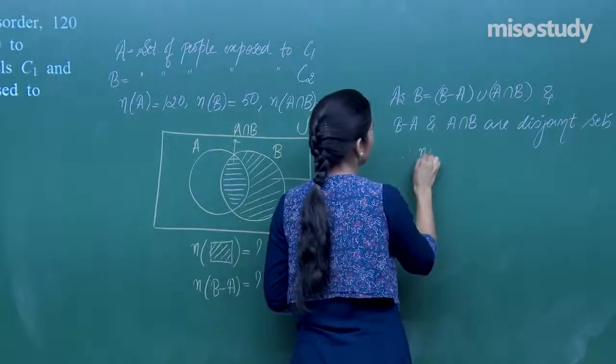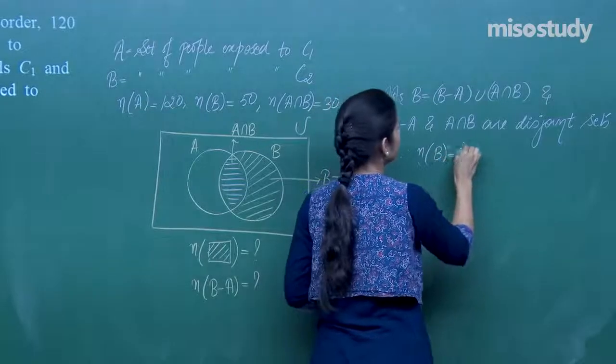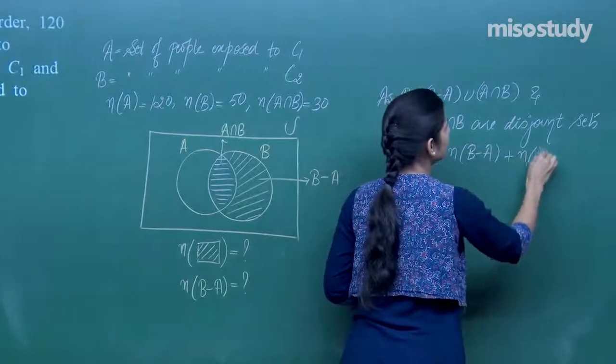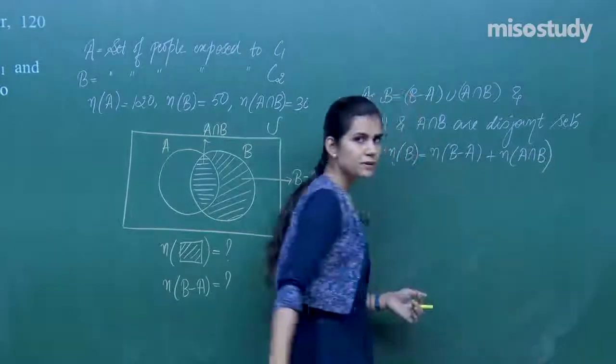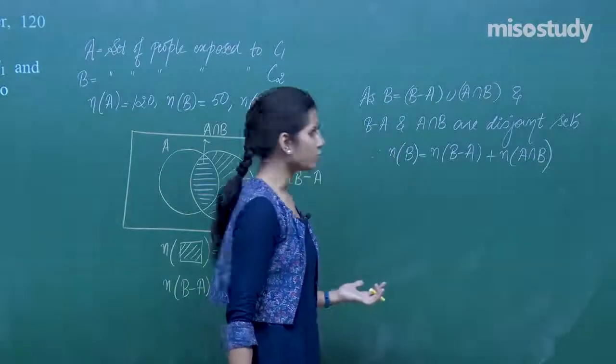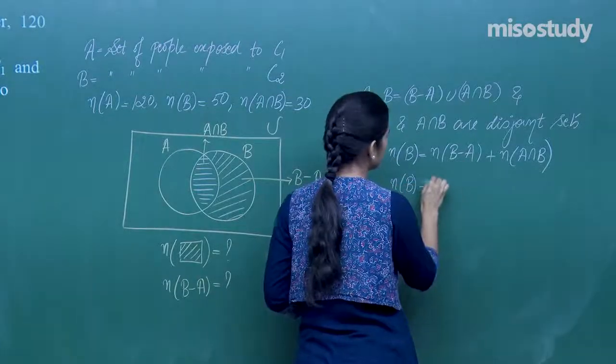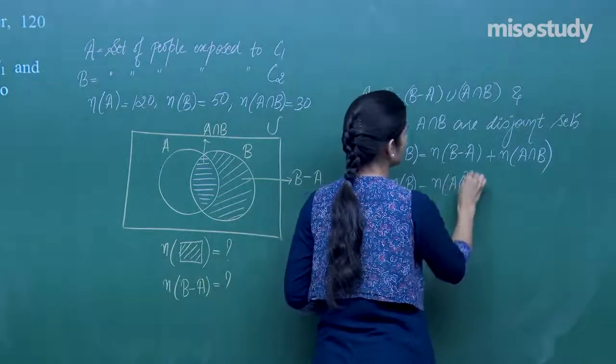Therefore, number of elements in B will be number of elements in B minus A plus number of elements in A intersection B. Nothing will be removed, they are two distinct sets which are disjoint. So number of elements in B minus A will be number of elements in B minus number of elements in A intersection B.